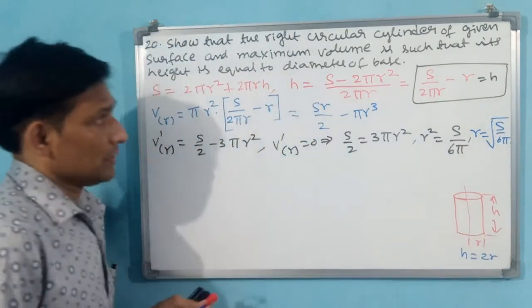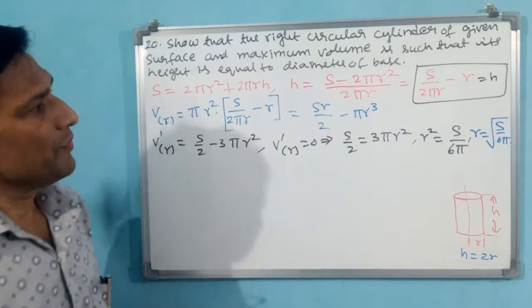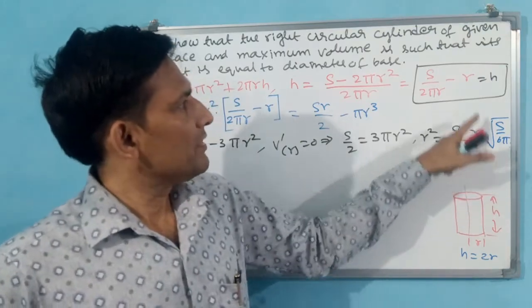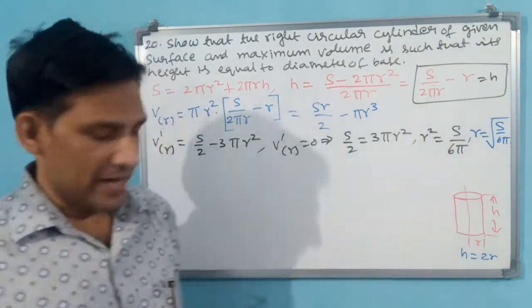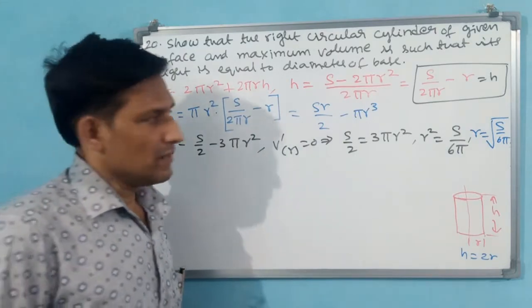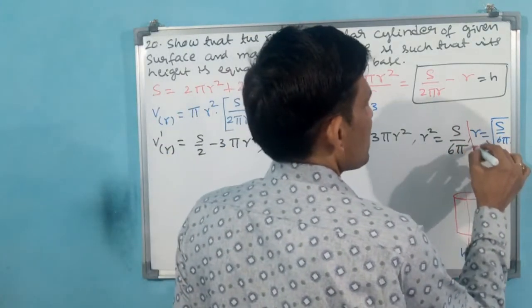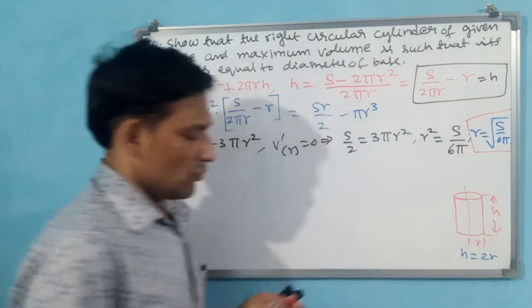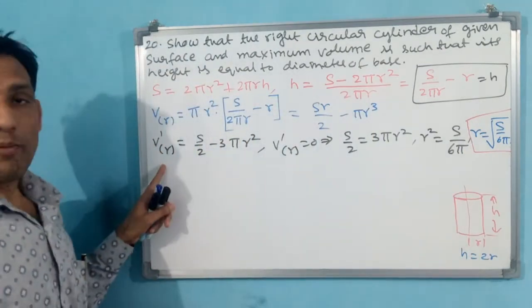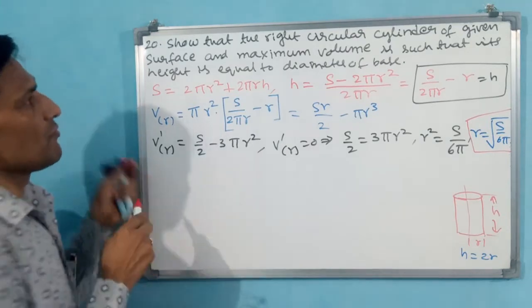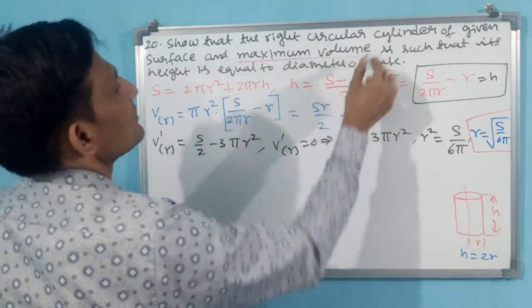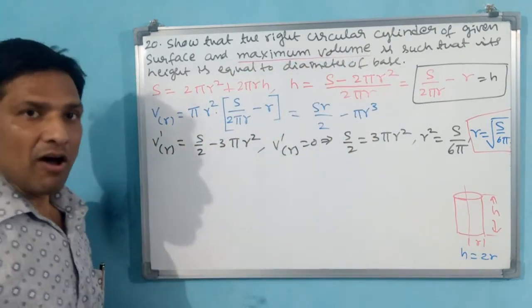Now r you are having, h also you can find. Afterwards we will find, not urgent. But what is our next motto? Next motto is to show V double dash r is less than 0.